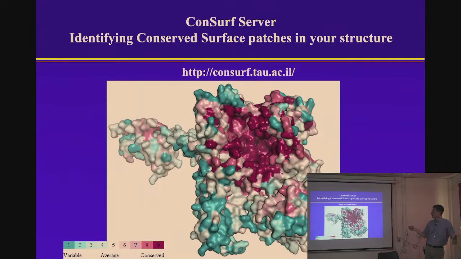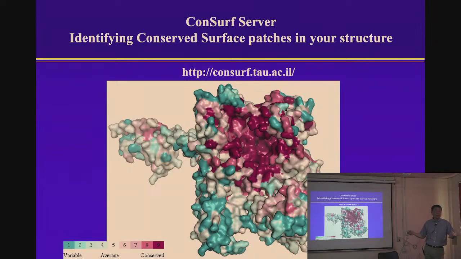Okay? The typical ConSurf convention is red, or whatever color that is, means conserved. Blue means variable. White means somewhere in the middle. By doing this analysis, you can readily find the region, for example for this enzyme, a large area that's highly conserved. Also, shown as a surface, you can see that in the middle is a very deep pocket, right? A deep pocket, highly conserved, and it's an enzyme.